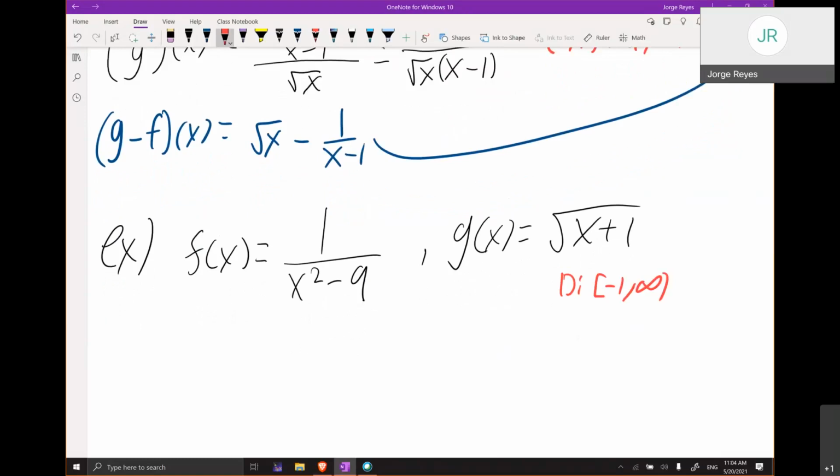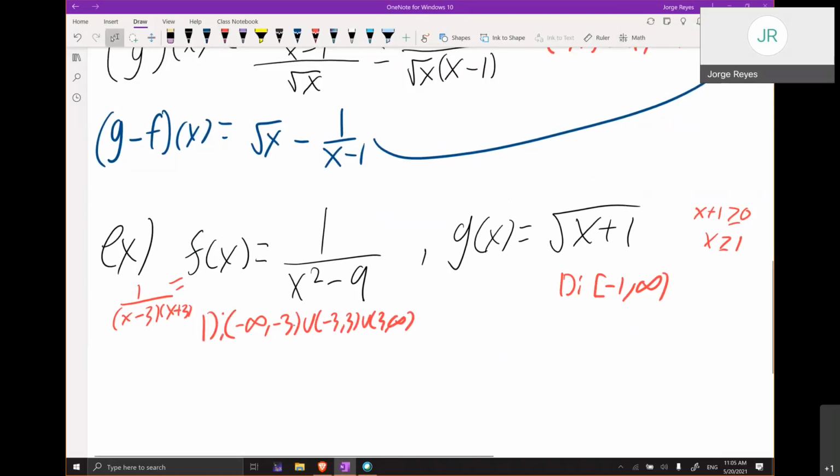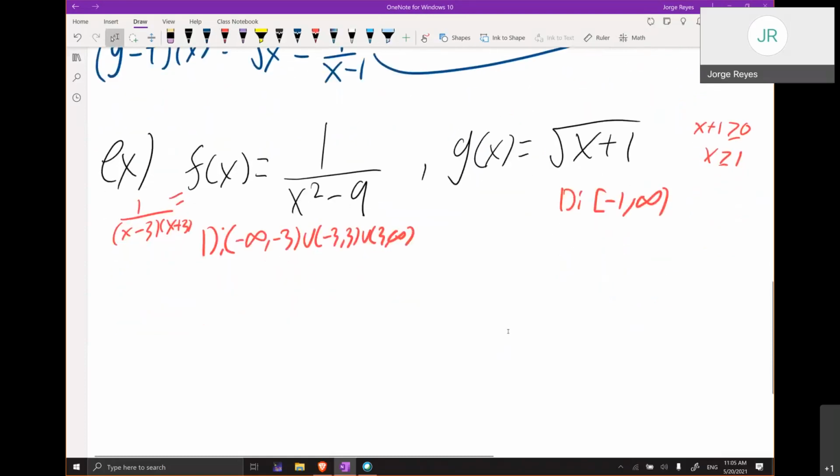Remember, you should know how to solve that. This thing's domain you should also be able to solve, since that's a difference of squares. So the domain of this is negative infinity to -3, -3 to 3, 3 to positive infinity. So these are the two functions and here are their domains.